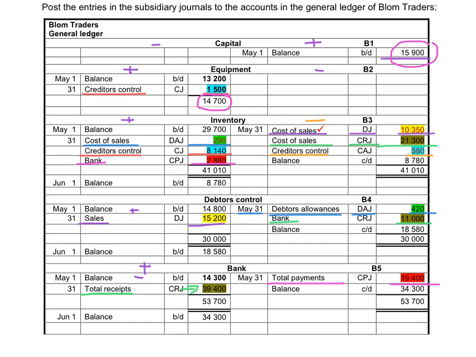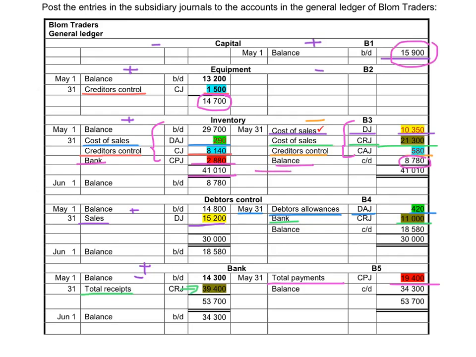Inventory has amounts on both sides, so it means we have to work out the balancing figure. Inventory is an asset, so the debit side must always be bigger than the credit side. So I will add up the figures on the debit side to determine the total, subtract the figures on the credit side to work out what is the balancing figure, and that balance will be carried down above the total.